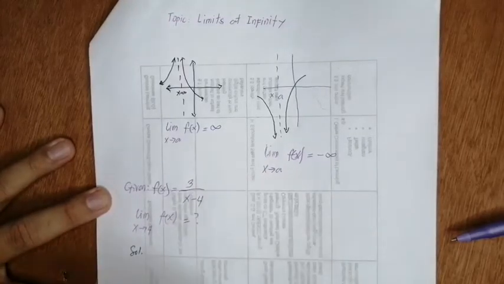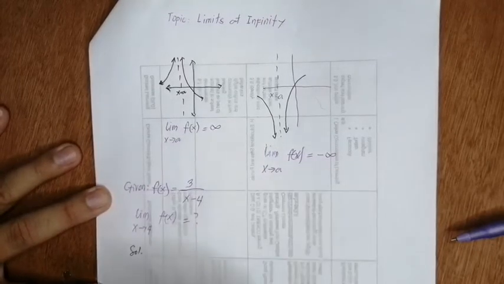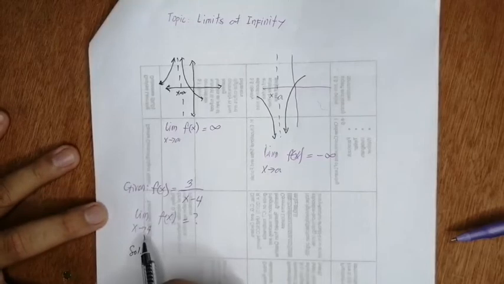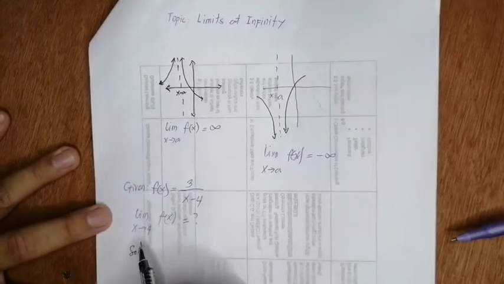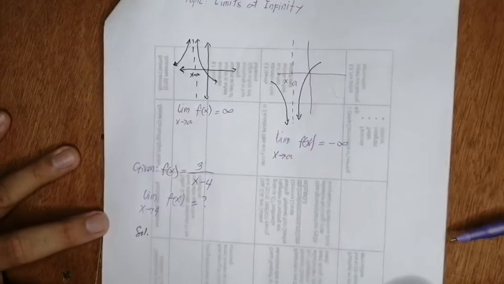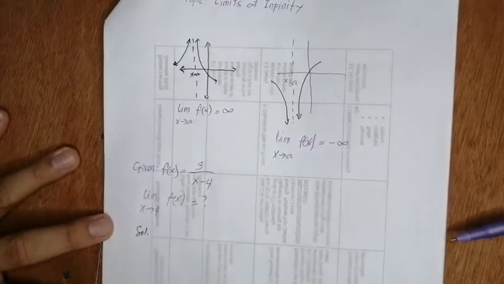So bawal yun, magiging undefined. So ano yung gagawin natin? We need to test the limit of f of x as x approaches 4 from left and from right, and then tingnan natin ang magiging behavior ng function.